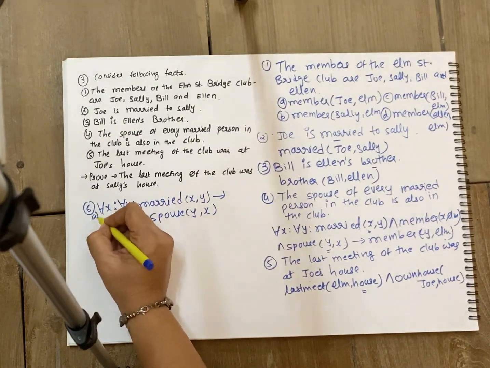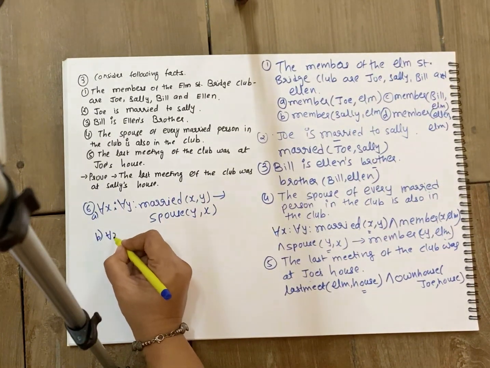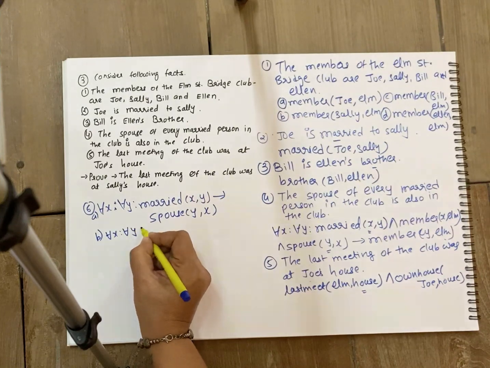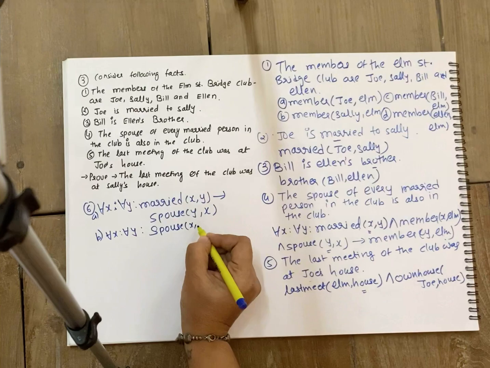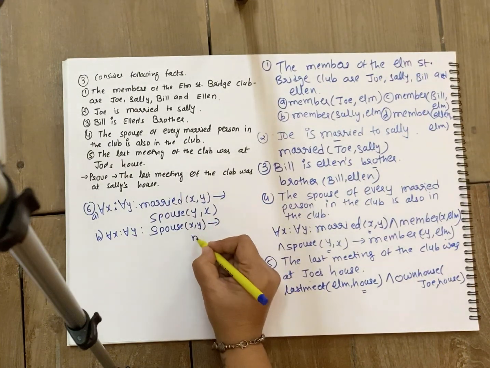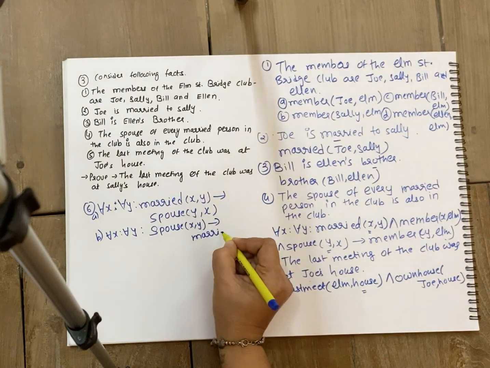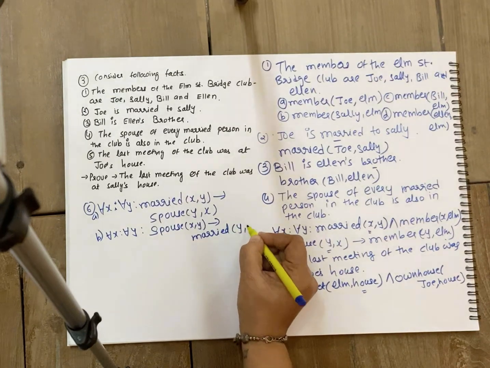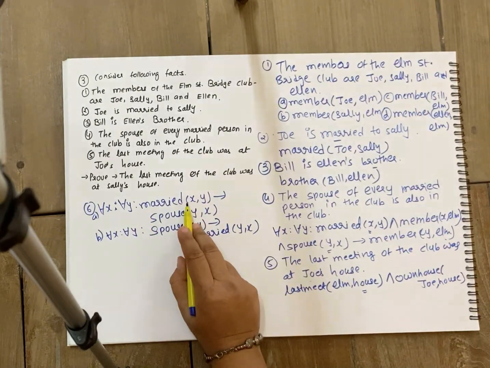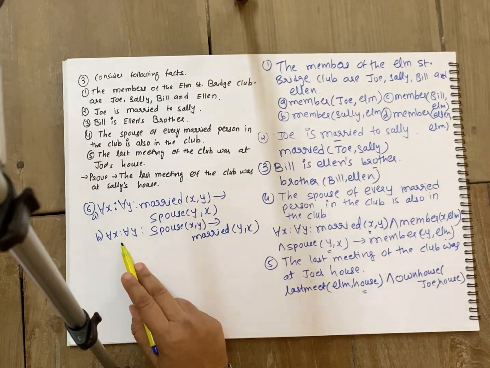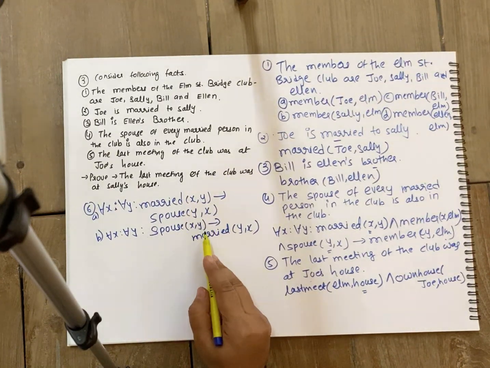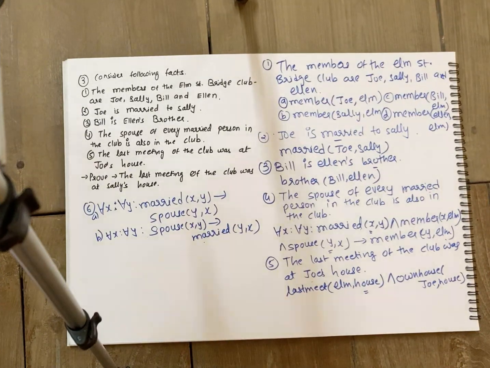Similarly, for all X, for all Y, spouse(X, Y) implies married(Y, X). If X is married to Y, then Y is spouse of X. Similarly, if X is spouse of Y, then Y is married to X. So this we have to say.